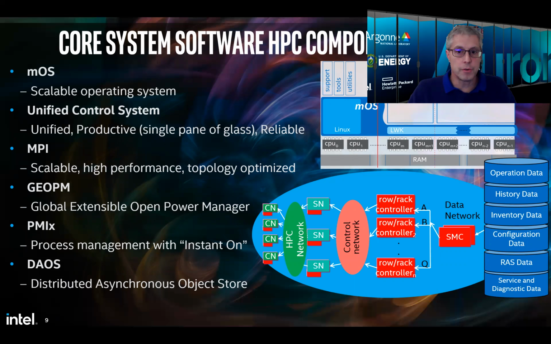We, of course, continue to focus on MPI as well. Obviously, that does remain a cornerstone. And then the fourth bullet down is Geo, and that's for our power manager. Clearly, as we are moving into the exascale regime, power is becoming more and more important.